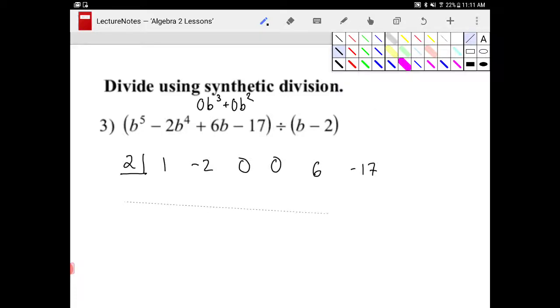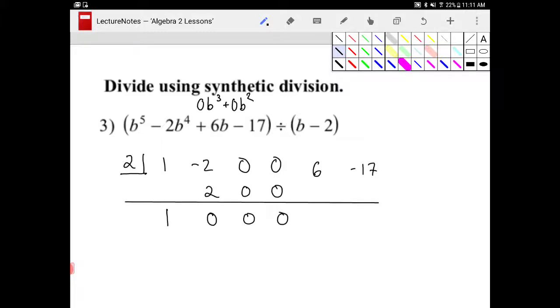And what I do with this is I will perform synthetic division by taking that leading coefficient there. I'm going to bring that down. Then I do 2 times 1, which is 2. I add, I get 0. 0 times 2 is 0. I get 0. 0 times 2 is 0.